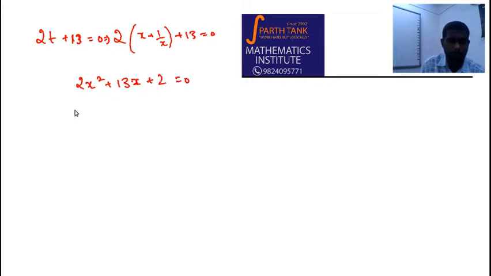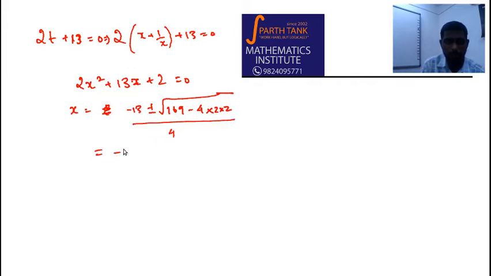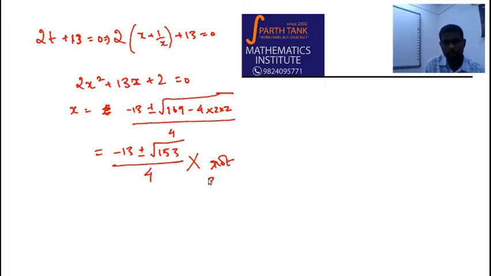Now the roots of this would be minus 13 plus or minus square root of 13 squared, 169, minus 4ac, which is 4 into 2 into 2, by 4. So minus 13 plus or minus square root of 153 by 4. This is not rational.